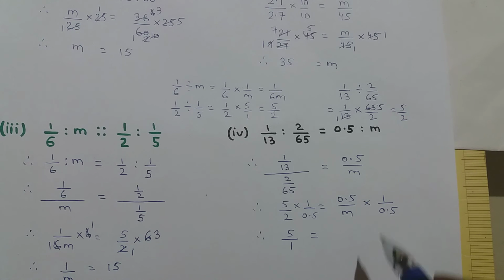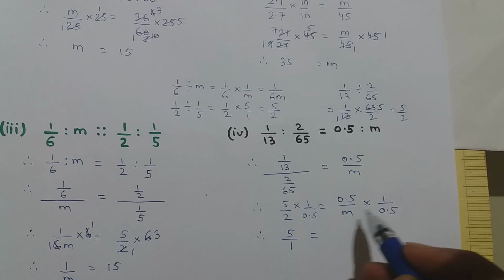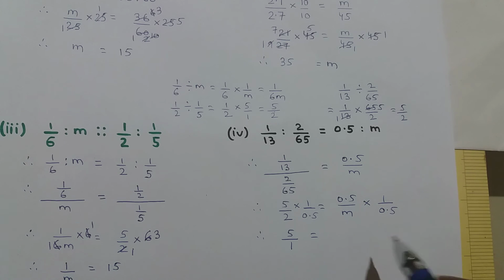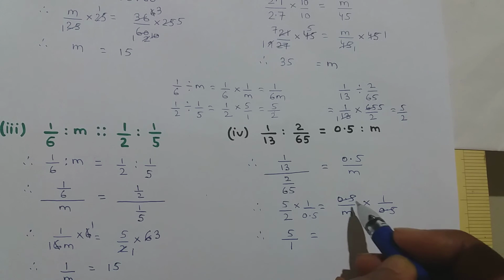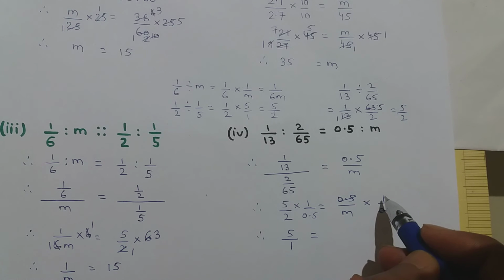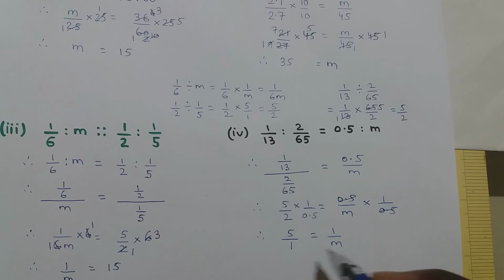And the right hand side of the equation is, let us simplify this. 0.5 upon m into 1 upon 0.5. So 0.5 and 0.5 will cancel with each other, and we are left with 1 upon m. So the right hand side of the equation becomes 1 upon m.